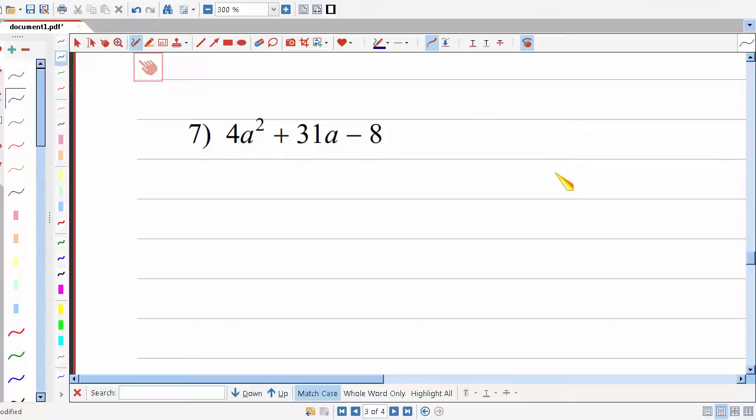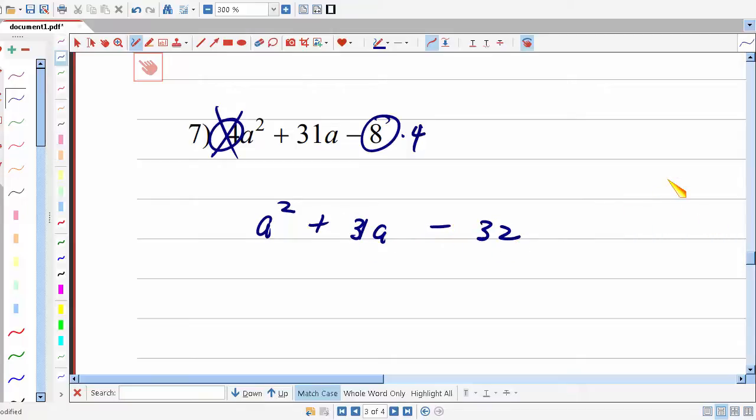Okay, there's no common factor here, so I'm going to use my trick technique where the first thing I do is I strip off the 4, multiply the third term by it, and then factor that. So two numbers that multiply to be negative 32 and add up to 31 would be a plus 32 and a minus 1.